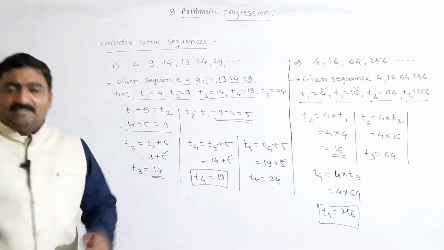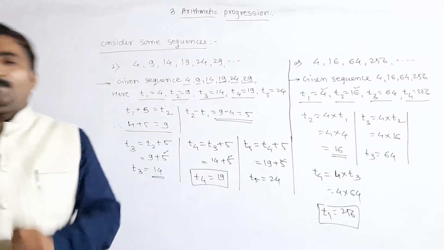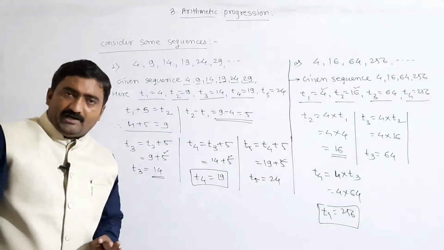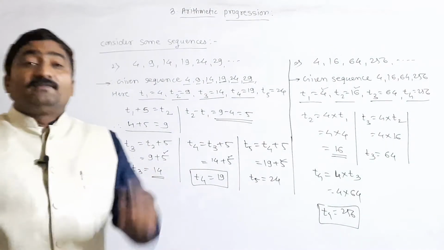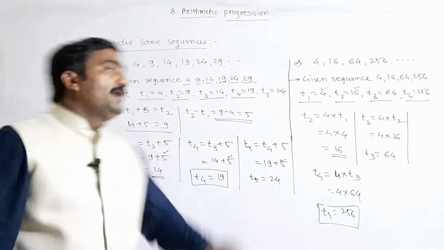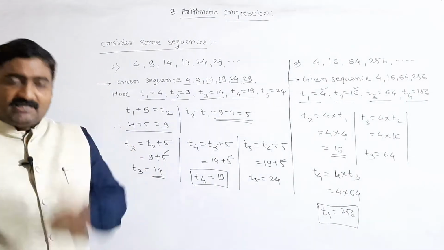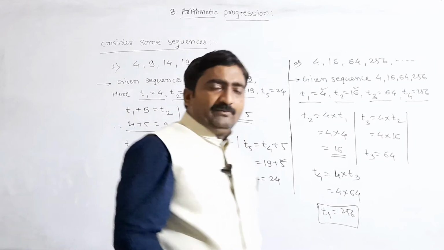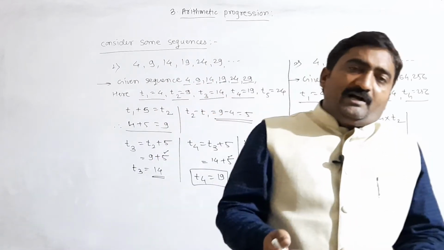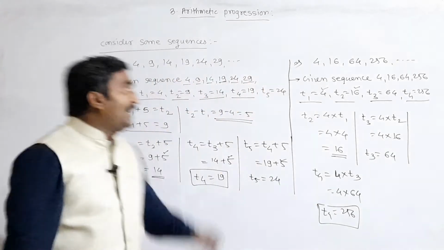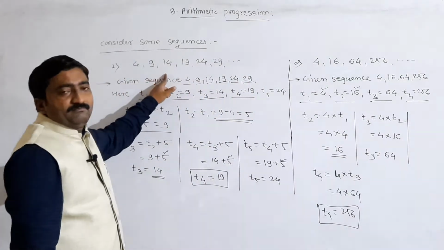Arithmetic progression means if in a sequence the difference between any two consecutive terms is constant, then that sequence is called arithmetic progression.